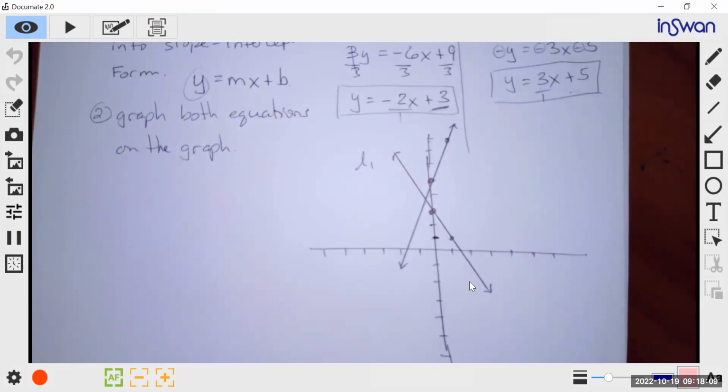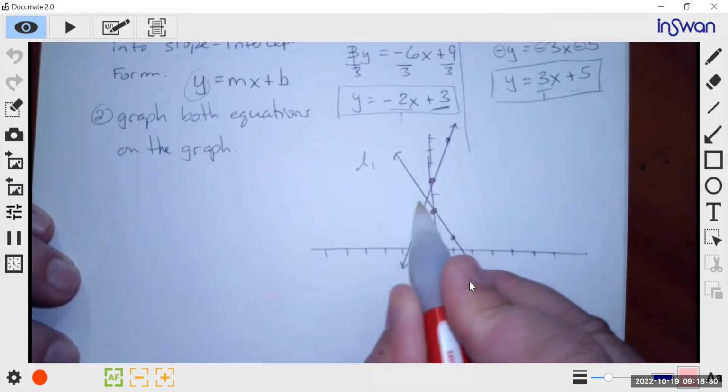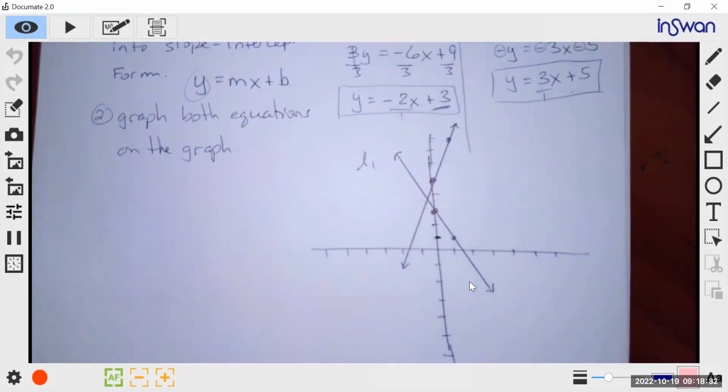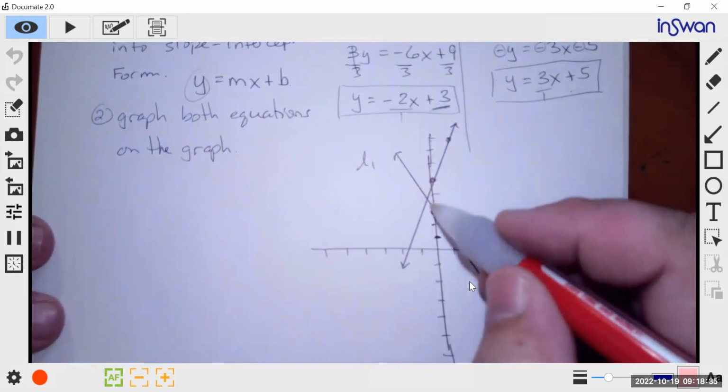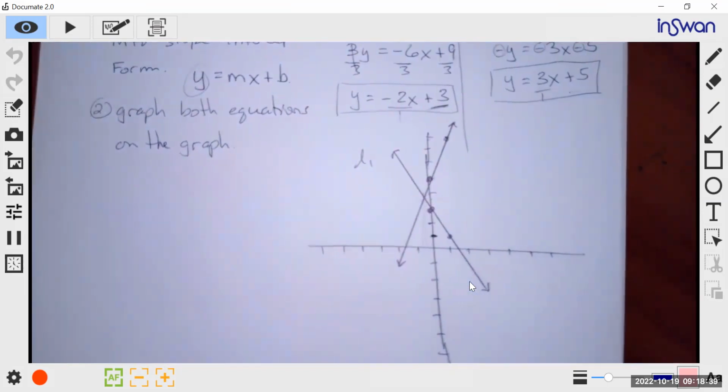See, now you see the limitation of this method. Where do they intersect? What's the answer? Yeah, because if my graph is correct, it's right between 3 and 4. And if you go down, it's below -1.